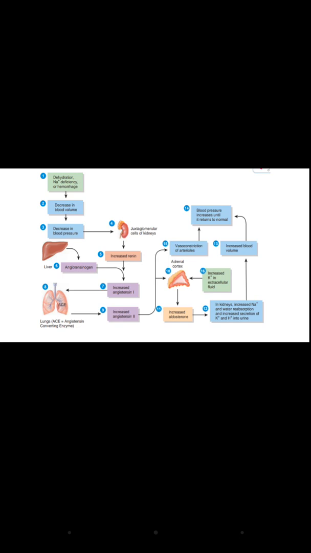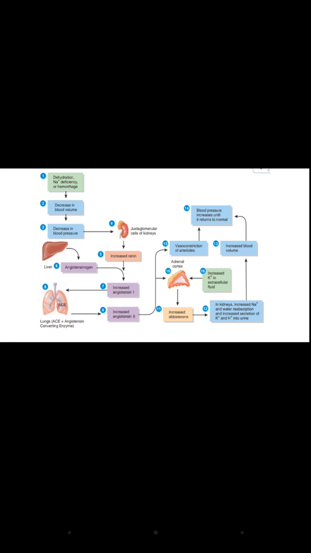This renin hormone will convert angiotensinogen, which was produced in the liver, into angiotensin 1. The angiotensinogen is converted into angiotensin 1 with the help of the ACE enzyme, which is produced in the lungs. This enzyme, angiotensin converting enzyme, will convert angiotensin 1 into angiotensin 2.